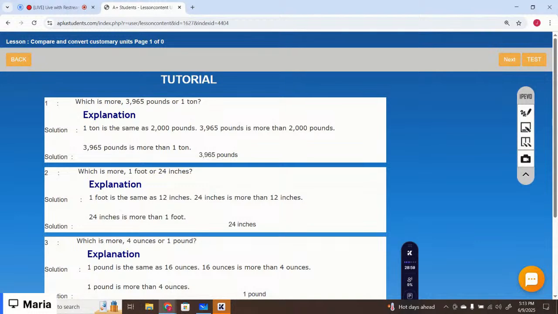So 3,965 pounds is more than 2,000 pounds. Which is more, 1/4 yard or 24 inches?